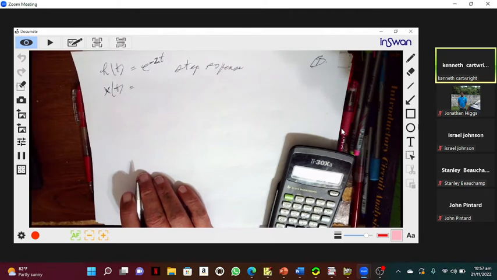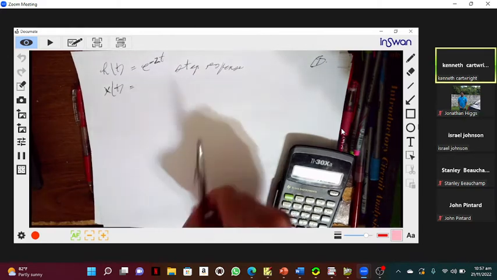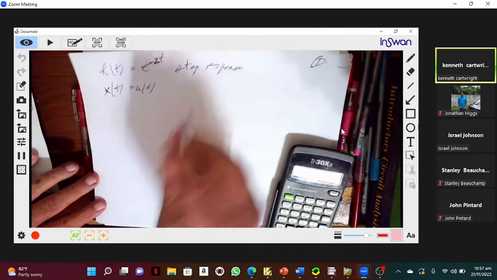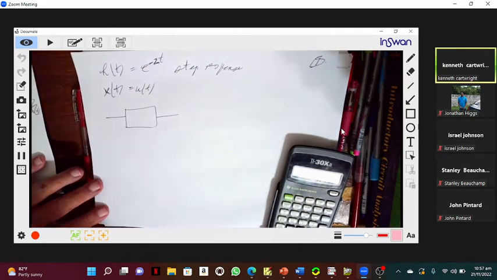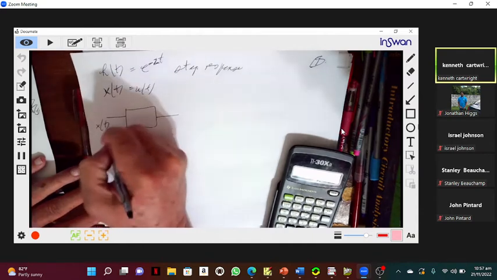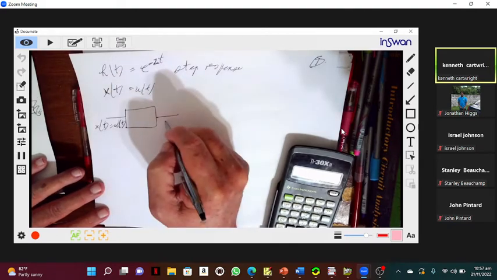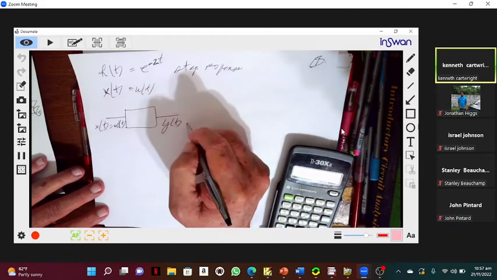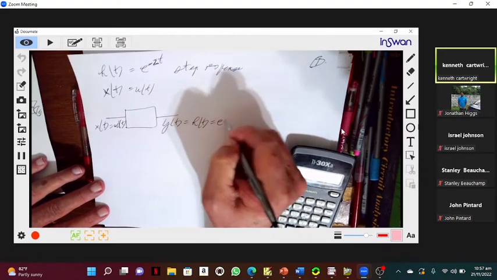Mr. Johnson, how do we write a step? U of t. So why did it take you so long to answer me? So right now, what do we know? There's a system that has x of t equals u of t, and an output y of t equals h of t, which is step response, which is e to the minus 2t.